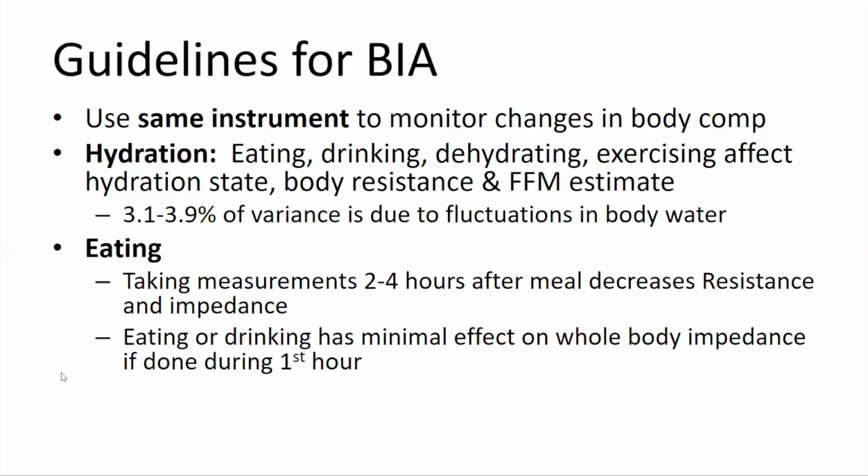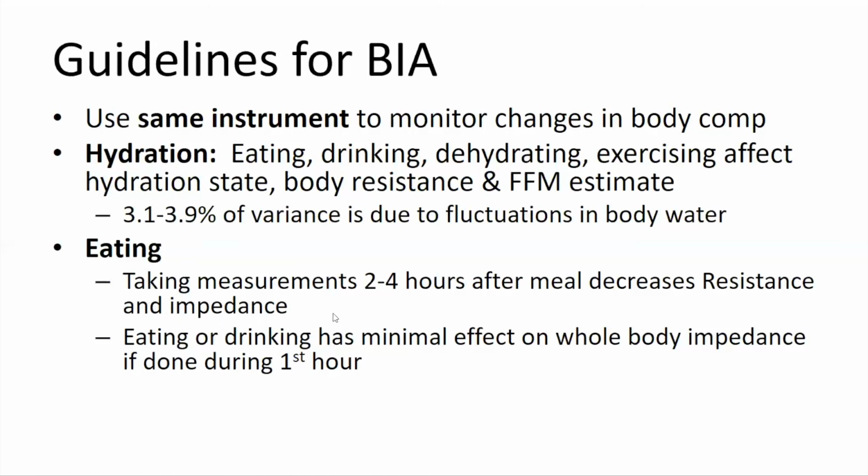Since this method measures the speed at which this undetectable electrical current moves through our body, it doesn't take into account the movement of the electrical current through our digestive tract, our GI tract. So this means that if you eat or ingest something immediately prior to doing this method, it will have a minimal effect.